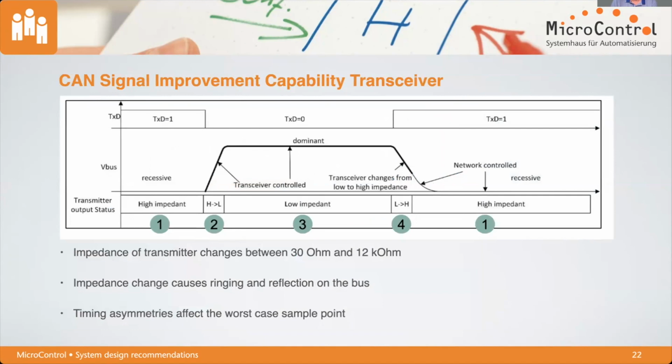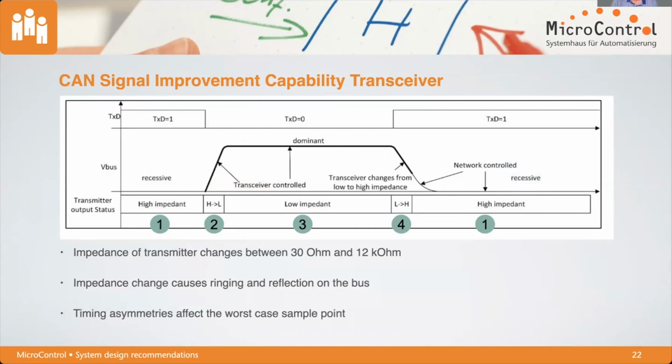That is, let's say, nothing new as such. They are available on the market, and what they do is they control the impedance when they are switching on and switching off the dominant bit.